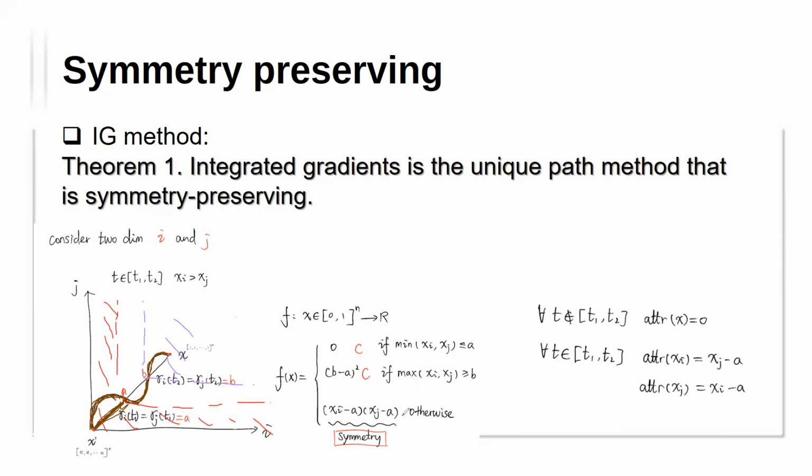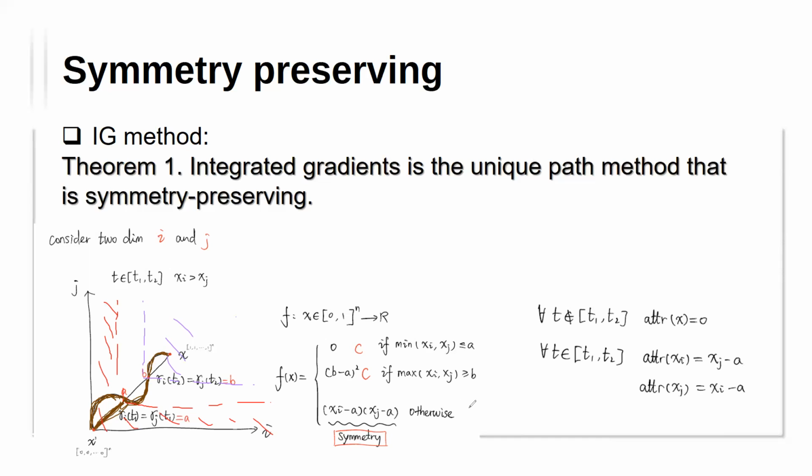So they are symmetric. When t belongs to t1 to t2, the points fall in the interval from a to b, then the attribution for xi is xj minus a.